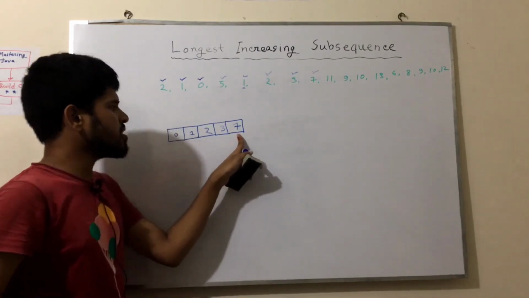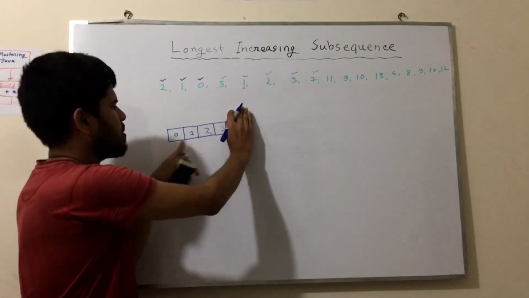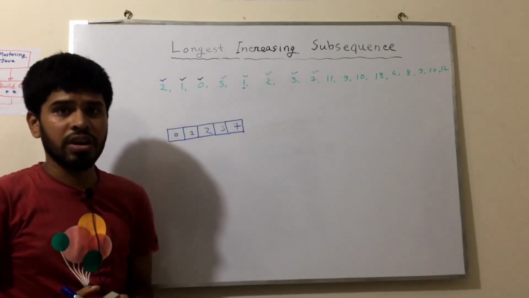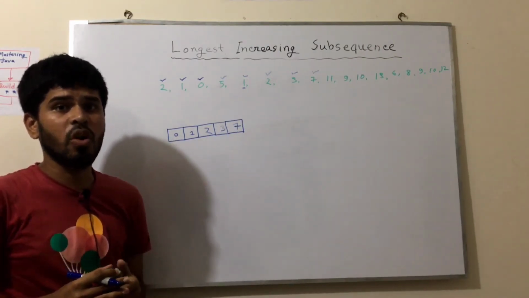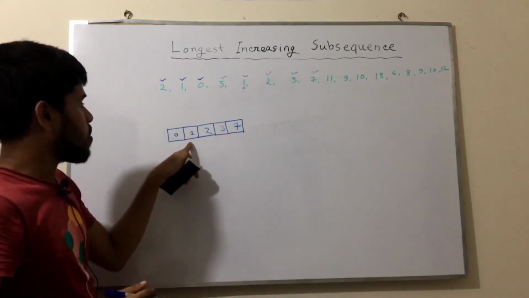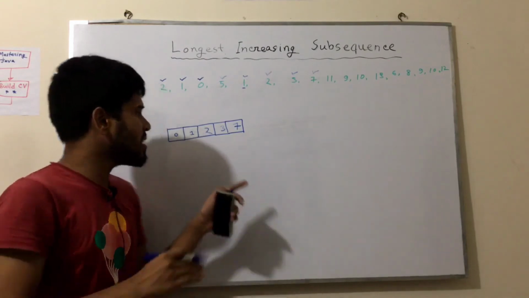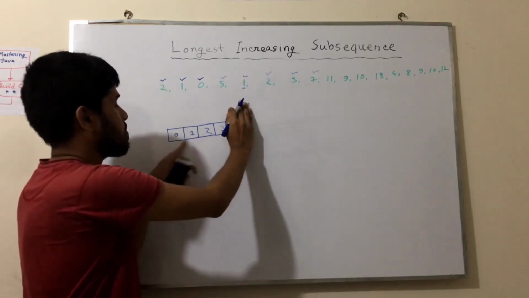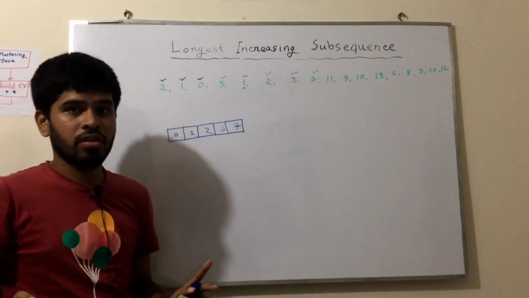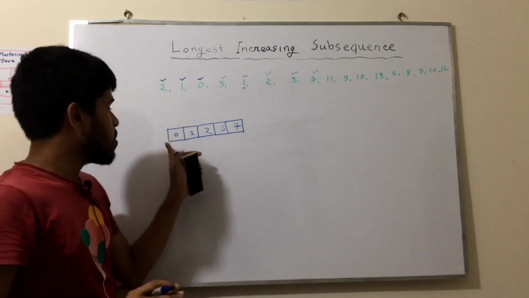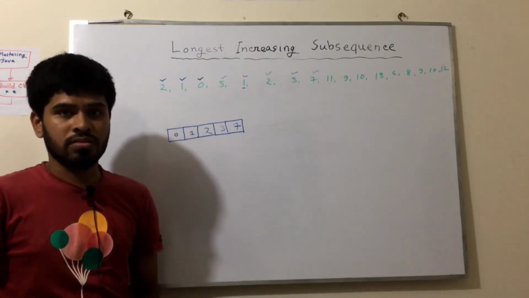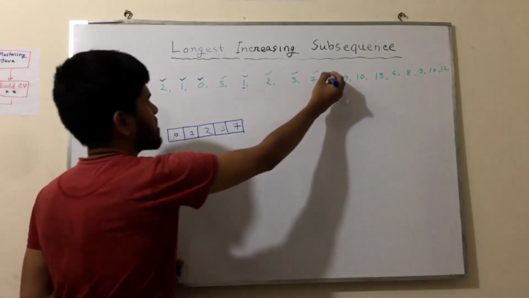It tells us that on the left of 7 we have 4 elements which are less than 7 and maintaining the relative order. We don't know which elements are maintaining the relative order, but we have at least 4 elements. If we knew the elements, then we could say this is a valid subsequence, but this is not a valid subsequence.